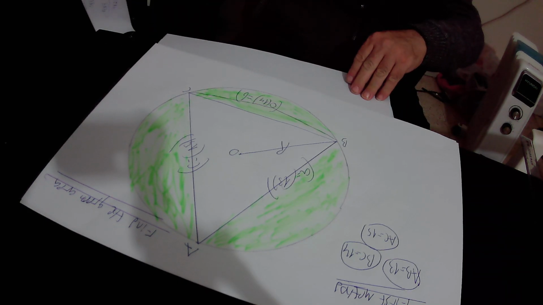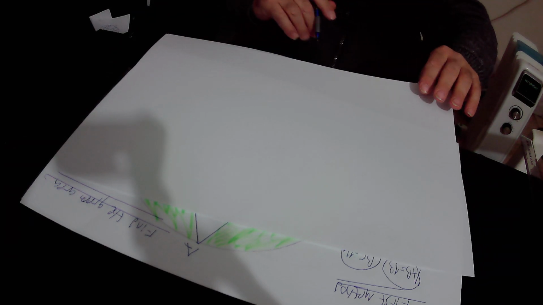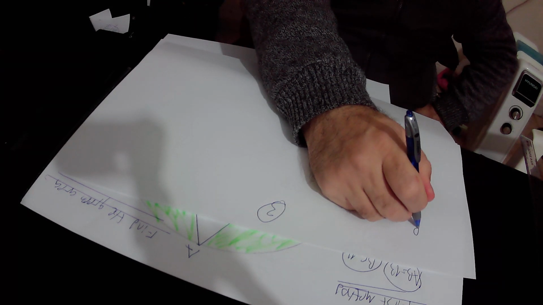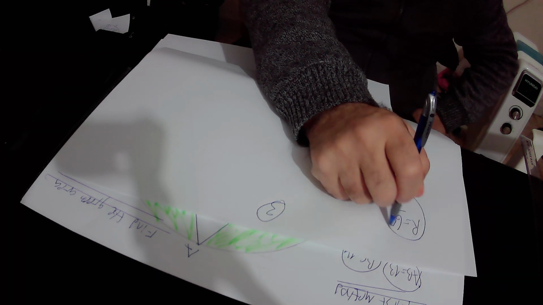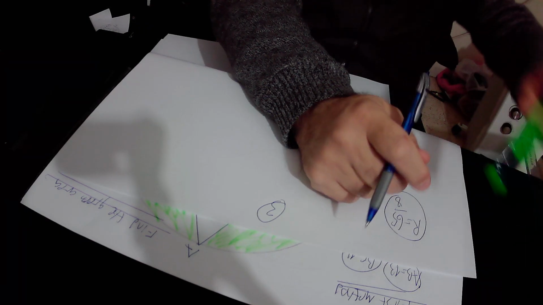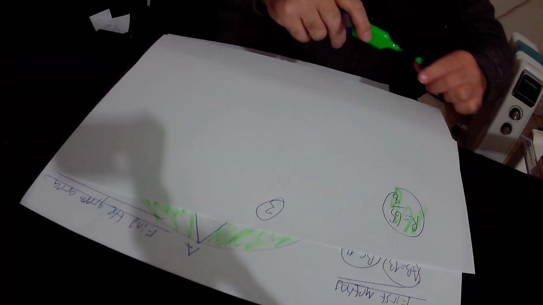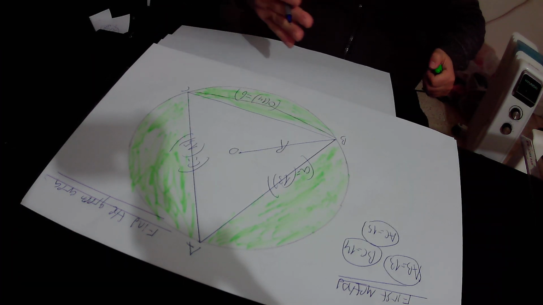I'll write it down here. The radius R equals 65 over 8 units. And what is the area of the green shape?